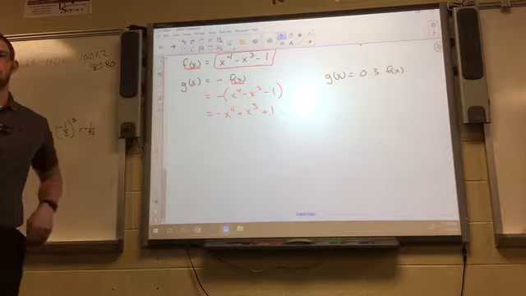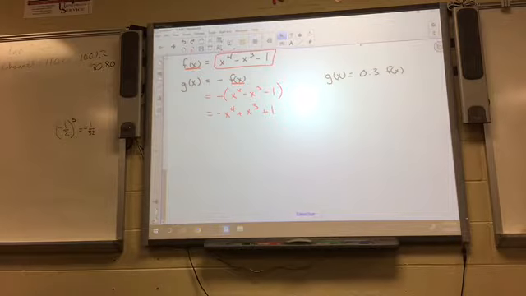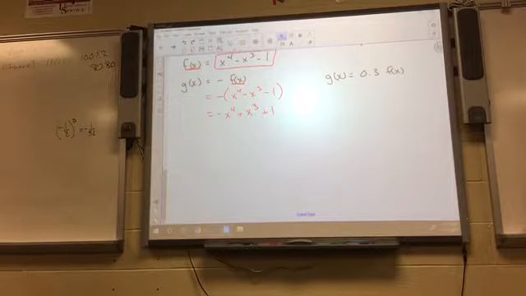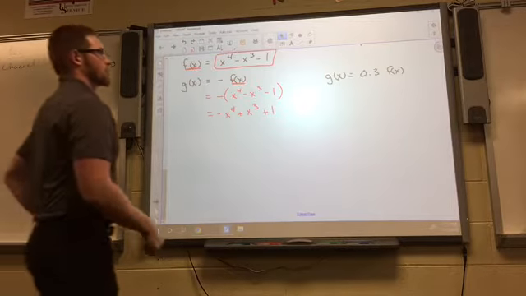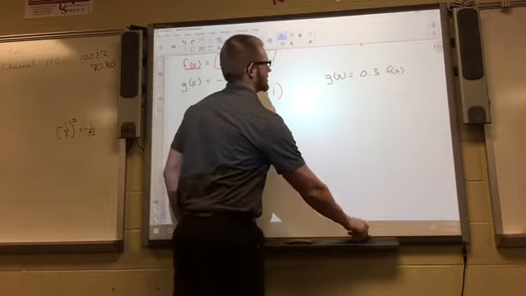Before we do it, I want to know what type of transformation that is. Vertical shrink. Even though it's not a fraction? I mean, it is a fraction. It's just not written as a fraction. It's between 0 and 1, so it must be a vertical shrink.